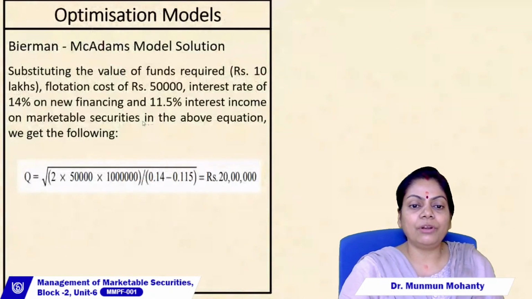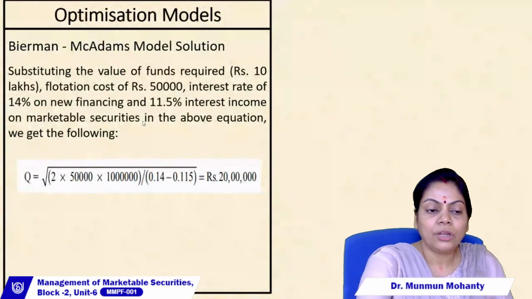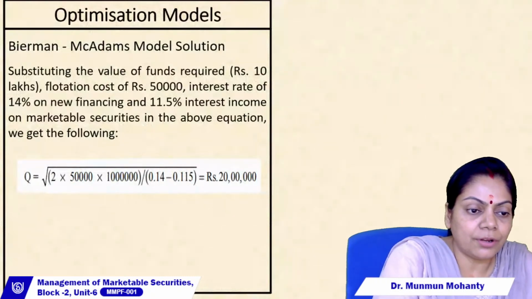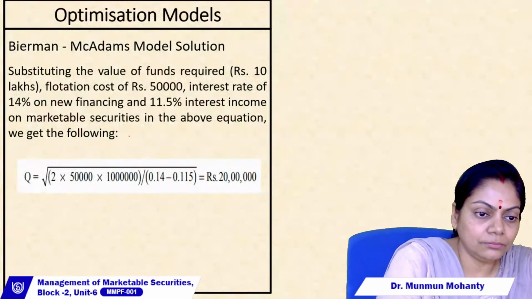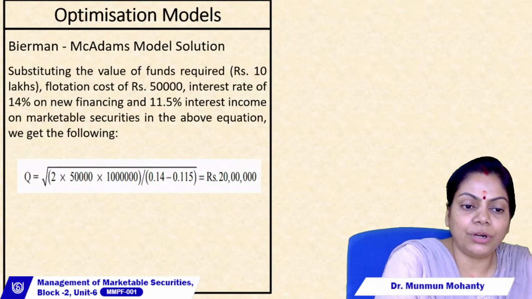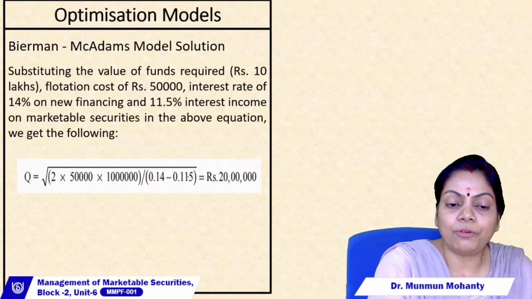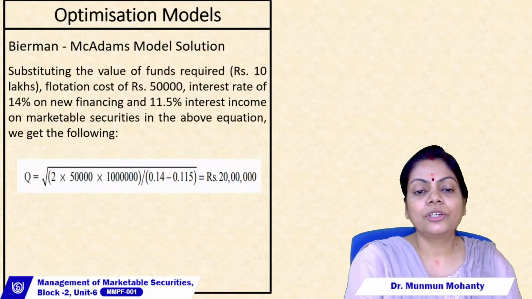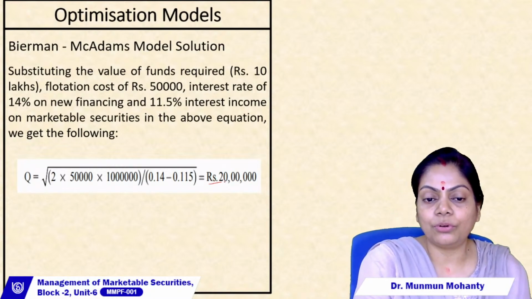This is how it will look. As per the formula, 2 into F into D divided by 14% converted into decimal minus 11.5% converted into decimal. The total figure again works out to 20 lakh.